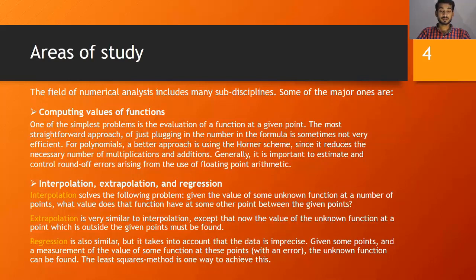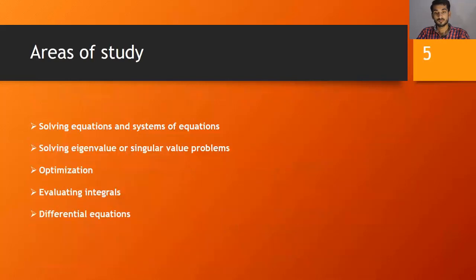The least squares method is one way to achieve this. These are also areas of study: solving equations and systems of equations, solving eigenvalue or singular value problems, optimization, evaluating integrals, differential equations, etc.